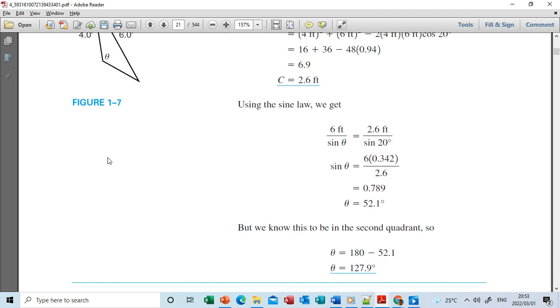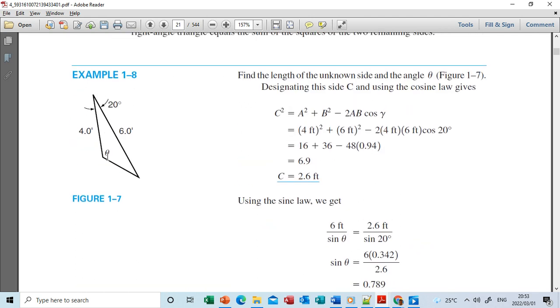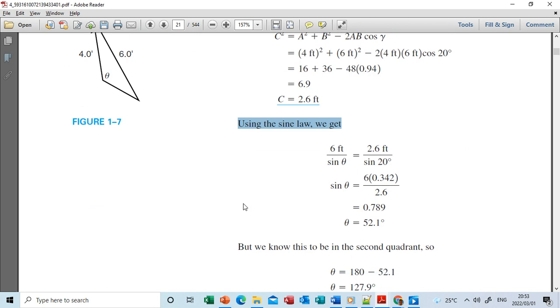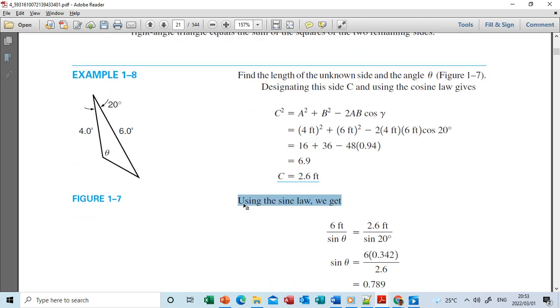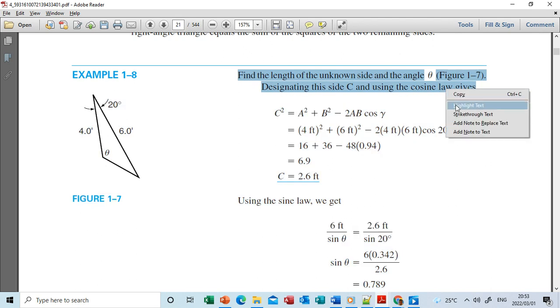This is an example. You see, guys, they are using two methods. You know why they use two methods? It's a different situation. You see this example? Please go through this example. I'm gonna mark it. If you have got any question, let me know.